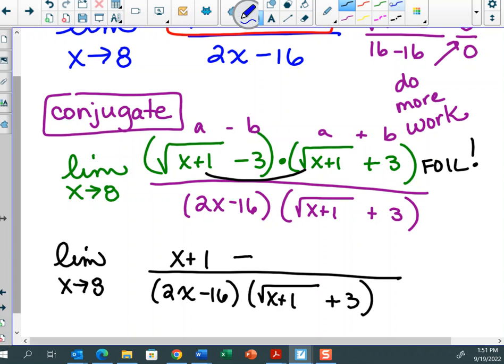Minus b squared. 3 times 3, or 9. You get that shortcut kind of answer. A plus b times a minus b. If you FOIL it all the way out, it looks something like this. And you end up with two pieces in the middle that add up to 0. And so a FOILing of conjugates always gives me the same kind of result.